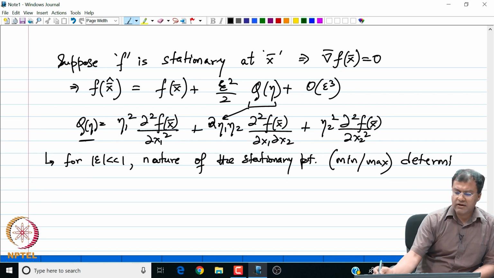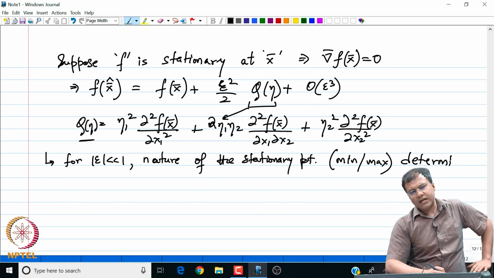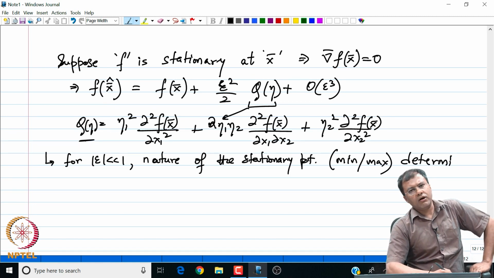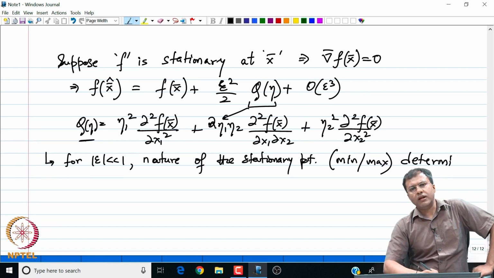Students should note that in this finite dimensional calculus, whatever results we state, we state without proof, because the assumption is that the students taking this course have a background in vector calculus. They are requested to refer to standard textbooks, and we will see that all these results we state in vector calculus will have almost a parallel in functional calculus.